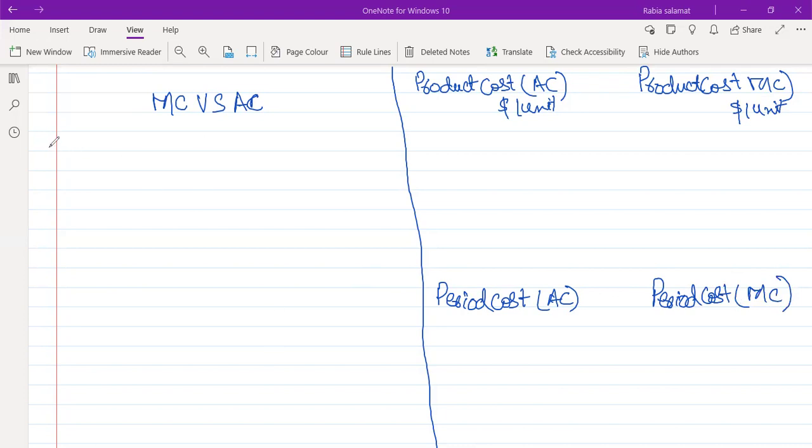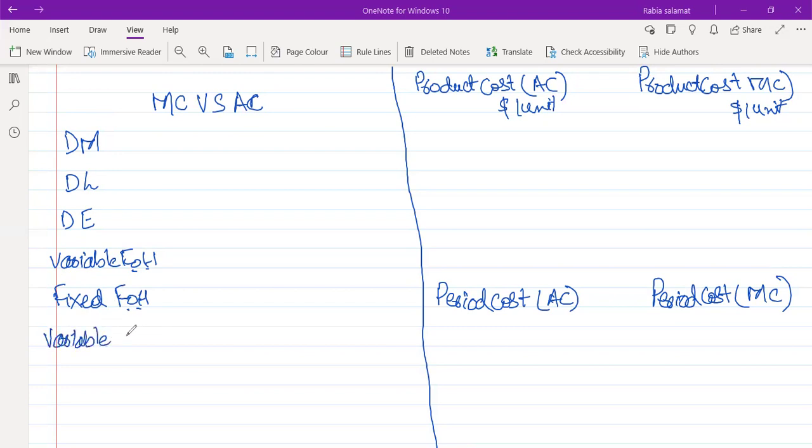So we will list down the elements of the cost, that is direct material, direct labor, direct expenses, variable factory overheads, fixed factory overheads, variable selling and distribution and administration, fixed selling and distribution and administration.